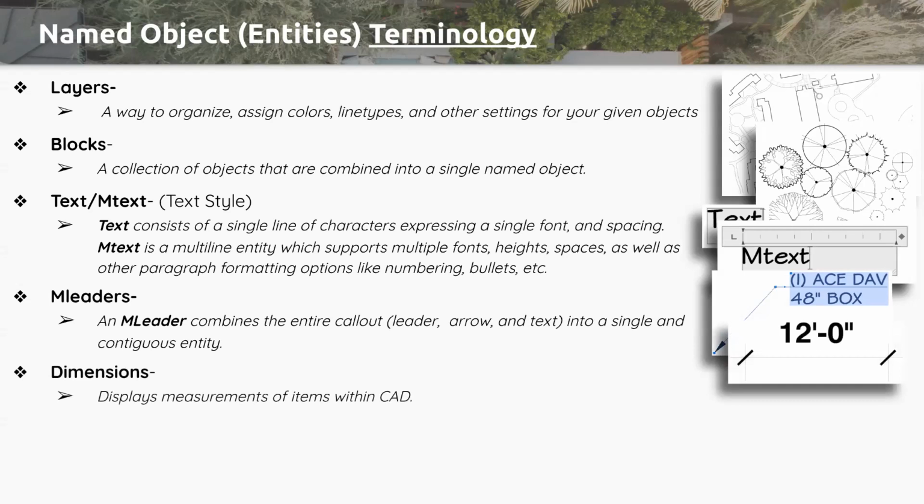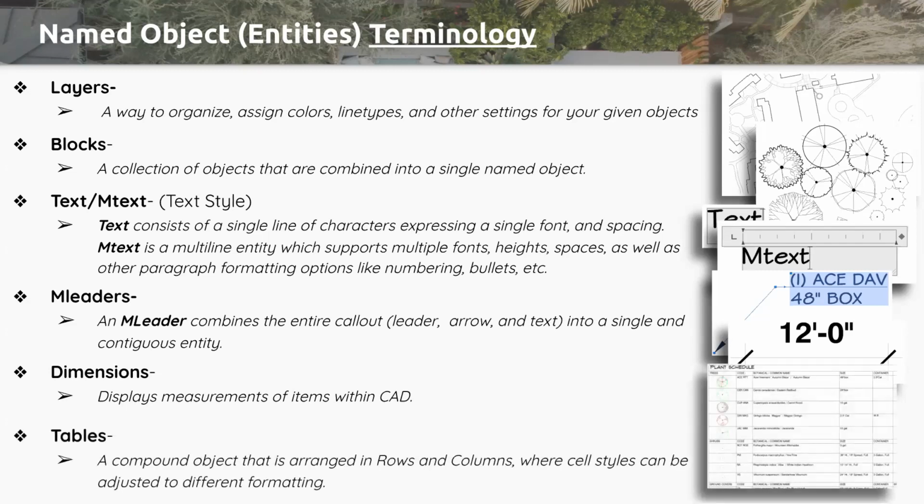Dimensions obviously are what display those measurements when we're lining out those measurements in AutoCAD. These also have a lot of different options of how they look, what text styles are used, the distances between the gaps of those measurements, whether they're showing as tick marks or arrows or dots. There's a lot of different things that comprise a dimension or that DimStyle there.